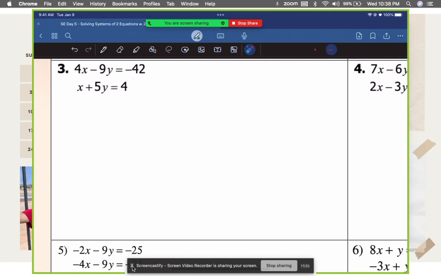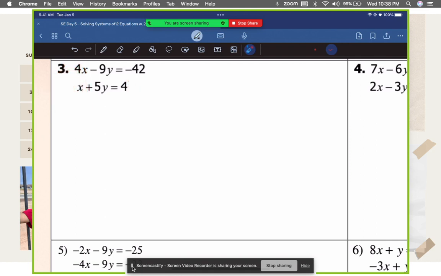So here's the thing. We have to multiply one or both equations by a number to ensure that they are same coefficient, opposite signs. We can do one of two things. We can multiply this equation by a negative 4, because if I do that, negative 4 times x will give me negative 4x, and that way they would be same coefficient, opposite sign.